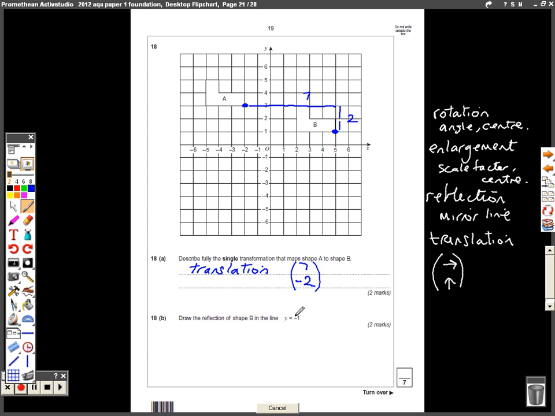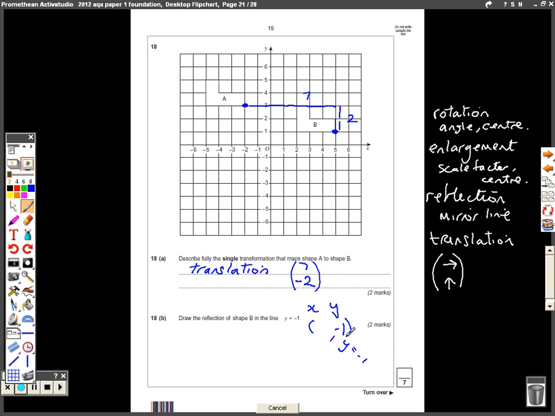Okay, 18b. Draw the reflection of shape B in the line y equals minus 1. So the first thing is to know where the line y equals minus 1 is. If I take a coordinate, it's made up of the x followed by the y, and this is telling me that y equals minus 1, so the y coordinate must always be minus 1.